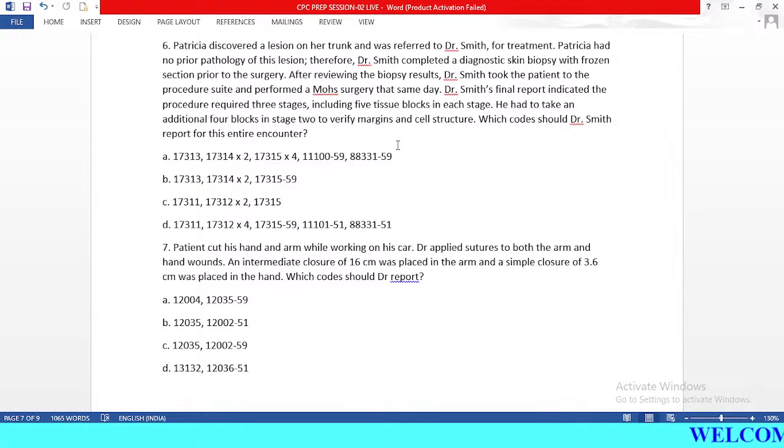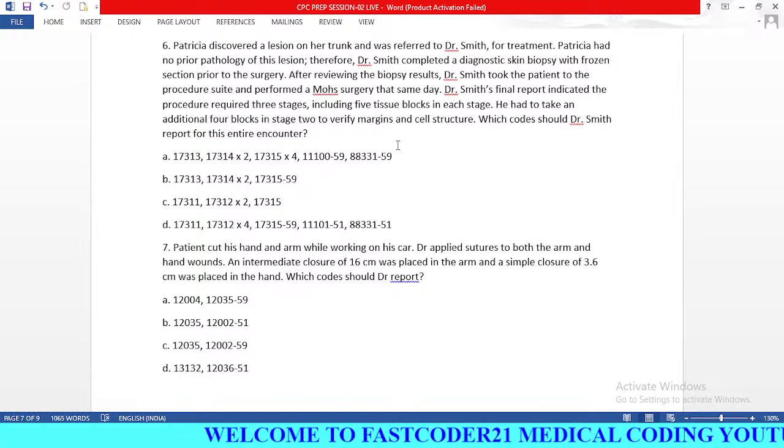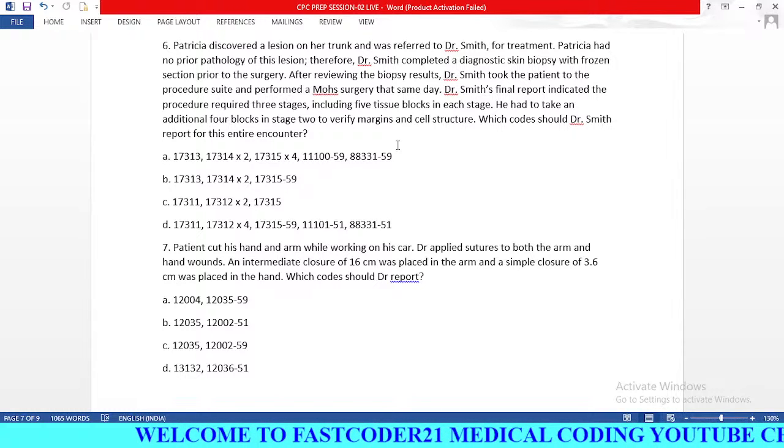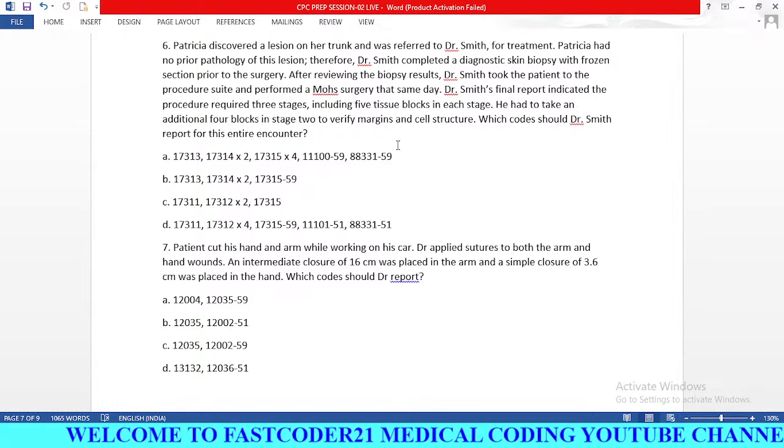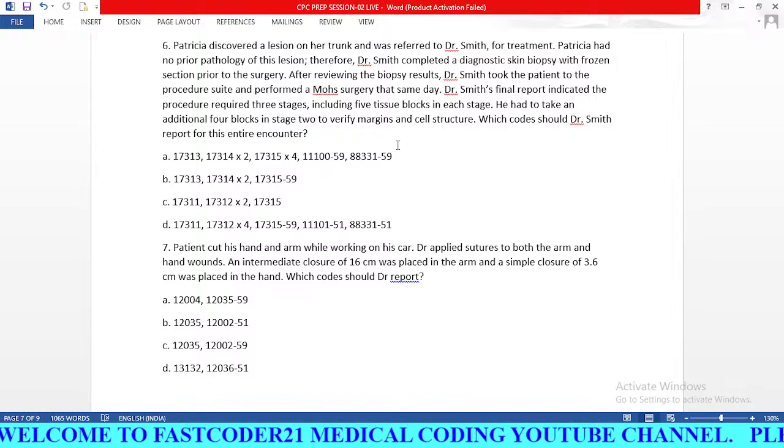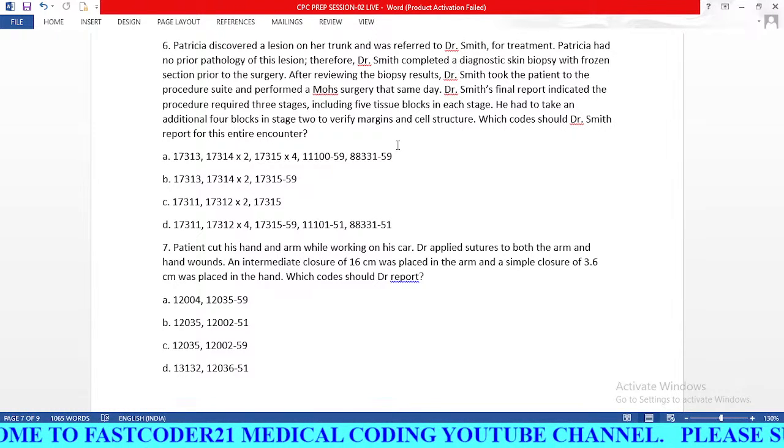CPC is like that only. Even AAPC knows that it is only a comparison of our question with the code description. But the thing is that because of the time restrictions, we feel nervous. Because of that, we can't see the codes properly. Anyway, don't worry. If you do more practice, you can code properly.